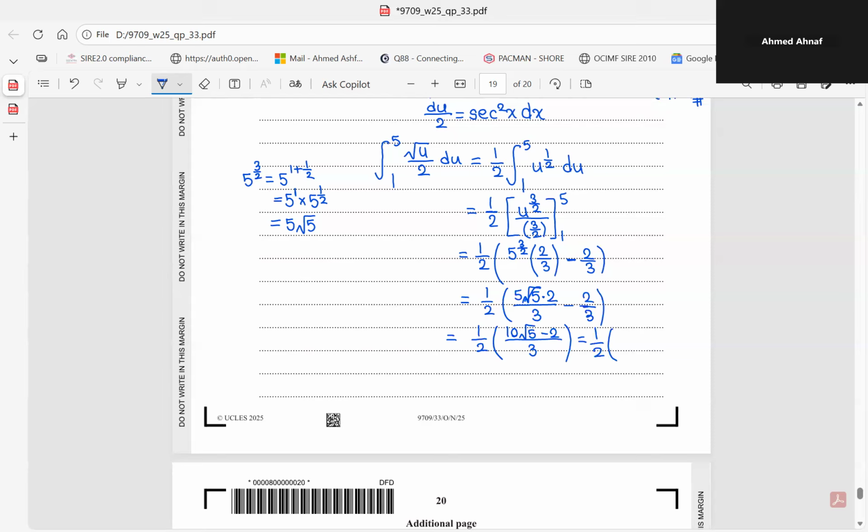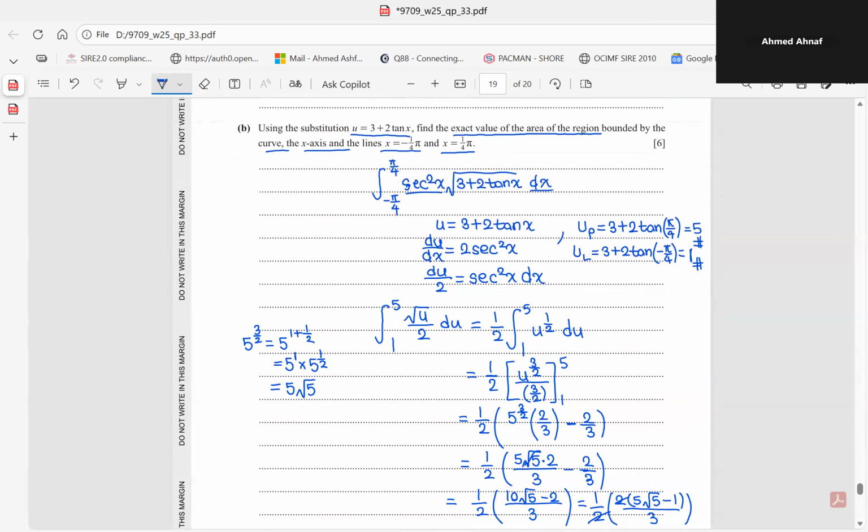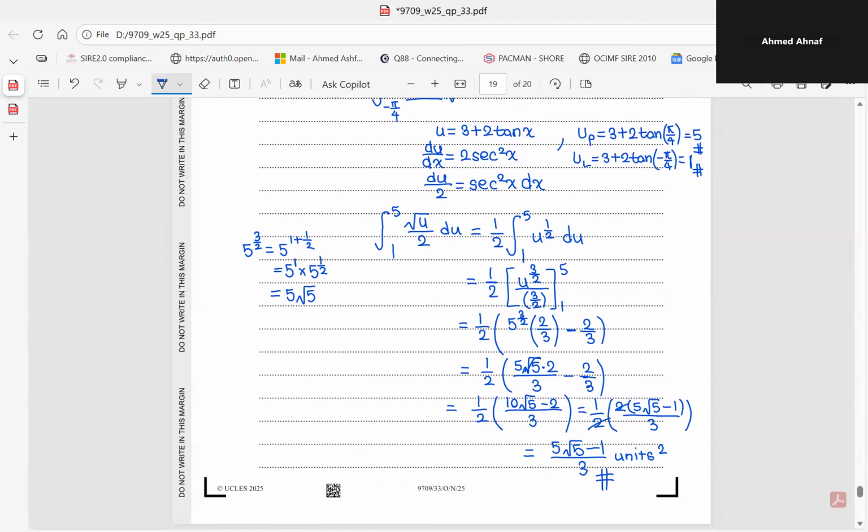And then you factor out 2 from the numerator. So you would get (5 square root 5 minus 1) over 3 as your final answer for the area. So we can stop here. So this would be our final answer for this question as well as the entire part.